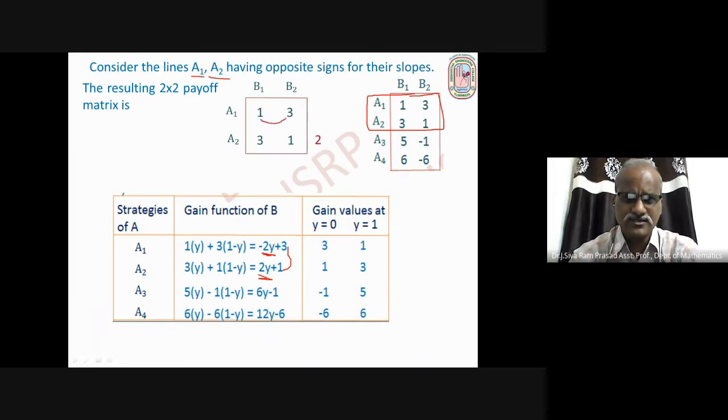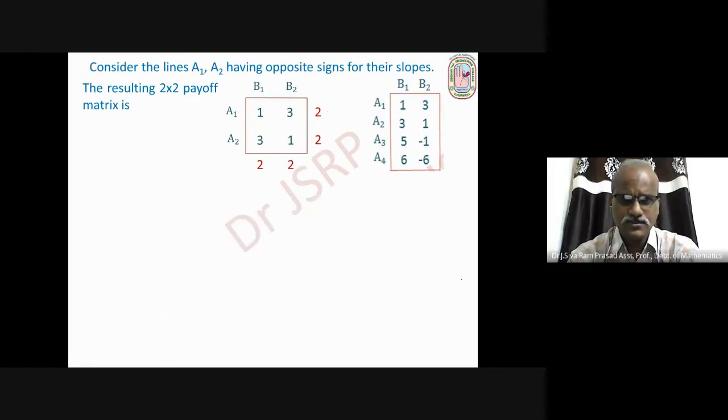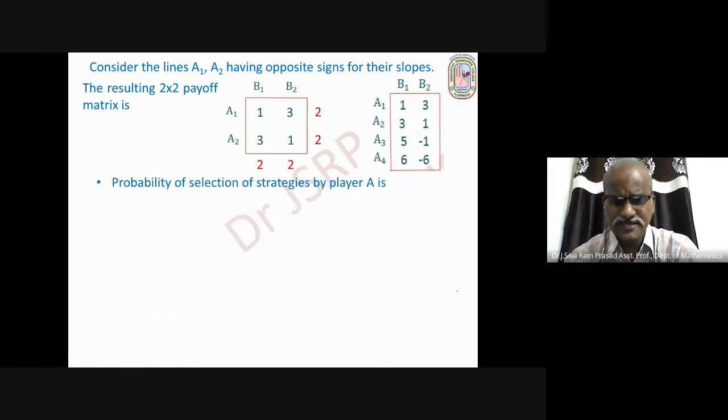First row difference 1 minus 3, minus 2, absolute value 2. Right here 3 minus 1, right here 1 minus 3, 2. Right here 3 minus 1, 2. Okay. Probabilities of selection of strategies by player A: P1 equals opposite value 2 by sum of these two values, 2 plus 2, that is 1 by 2.